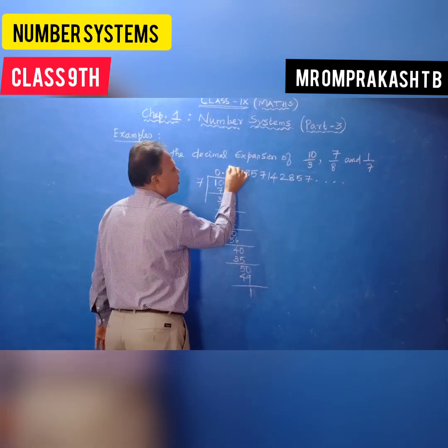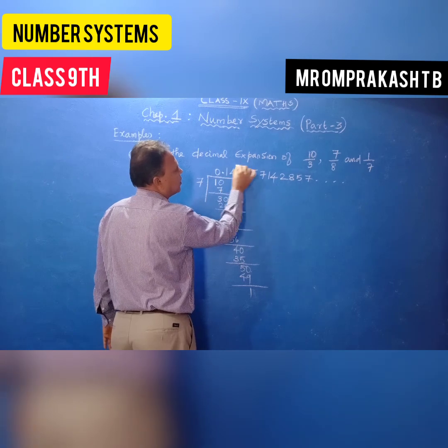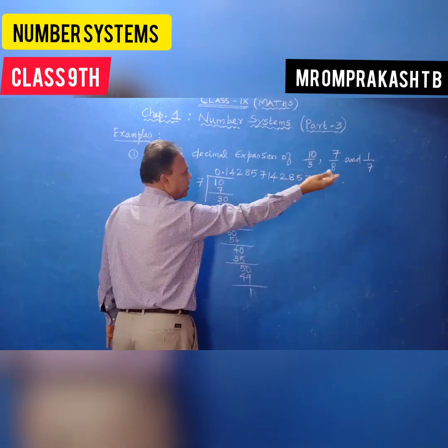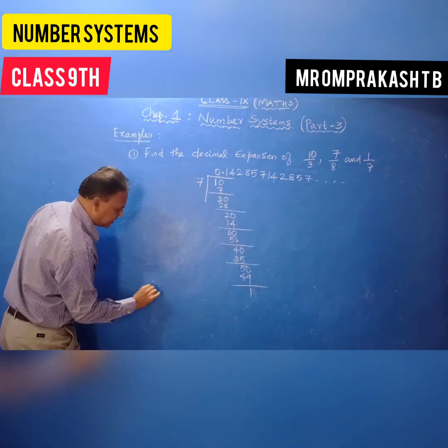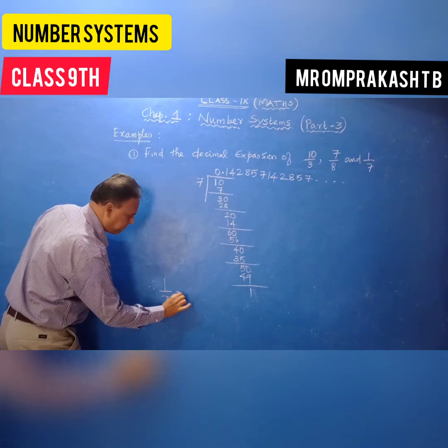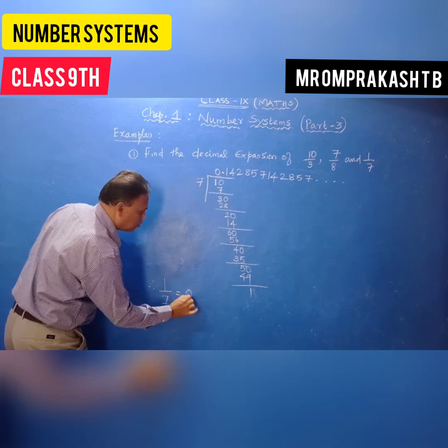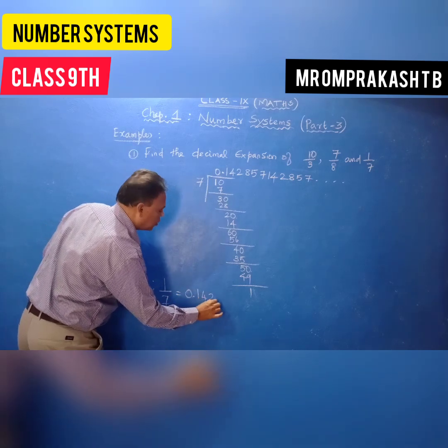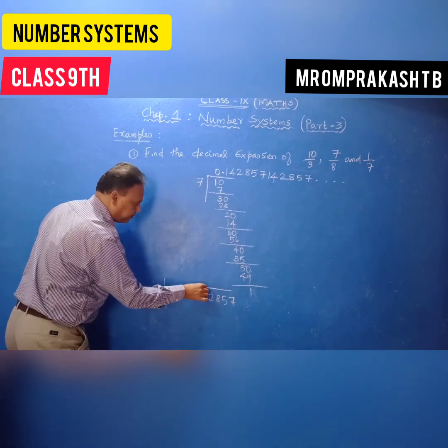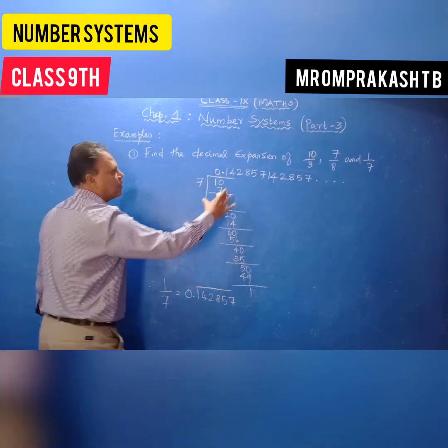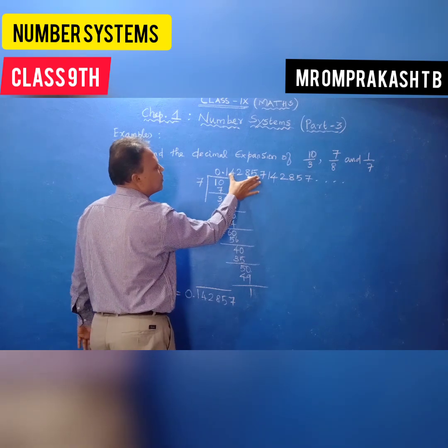This part, from here to here, the part is repeating. Clear? Therefore this 1 by 7 can be written as 0.142857 bar. Again the same decimal part is repeating.